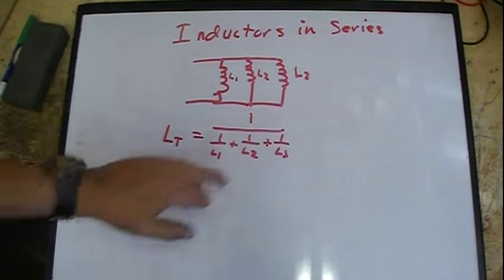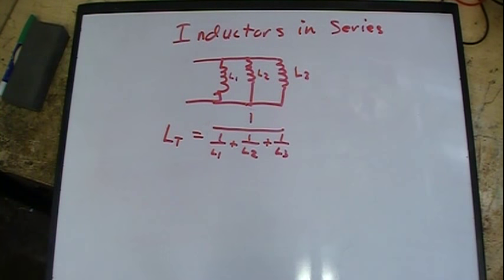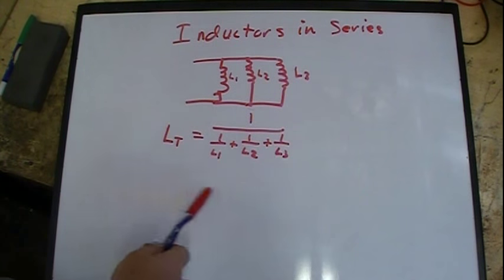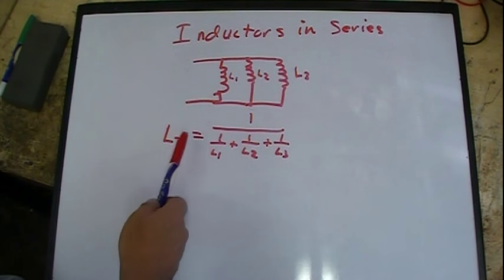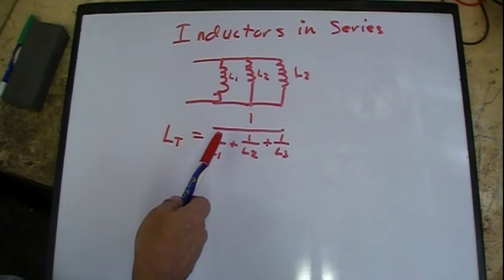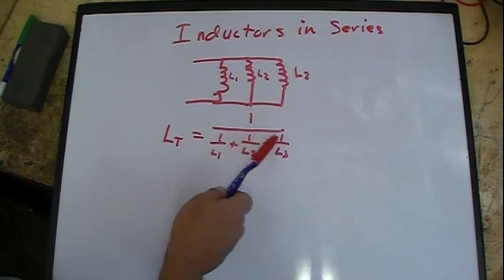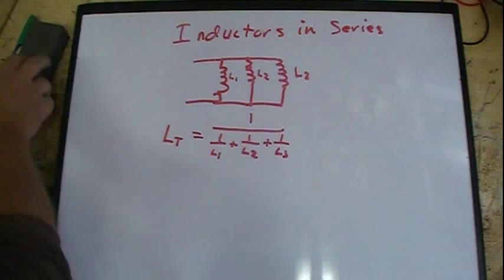And mutual inductance doesn't matter in this formula. So it doesn't matter how close they are. Same as resistors. When you've got resistors in parallel, it's 1 over the sum of the reciprocals of the resistors.